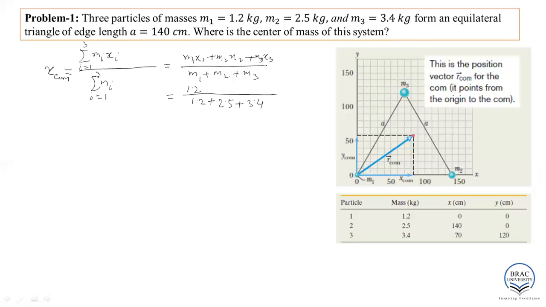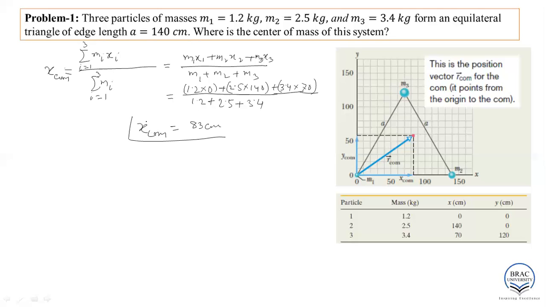Here 1.2 is multiplied with 0, the x coordinate of the first particle, and m2 is 2.5 multiplied with 140, the x coordinate of the second particle, and it is 3.4 multiplied with 70, the x coordinate for the third particle. And what do we get from this? We get that the x coordinate for the center of mass is equal to 83 centimeters. So this is the x coordinate of the center of mass.